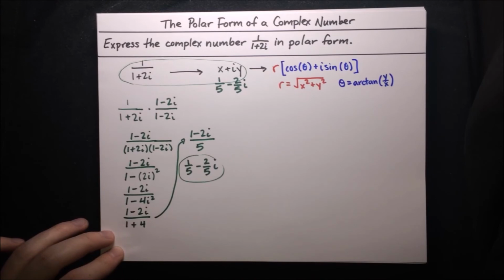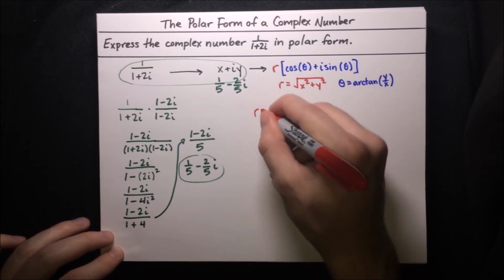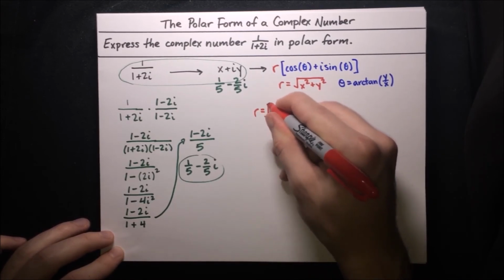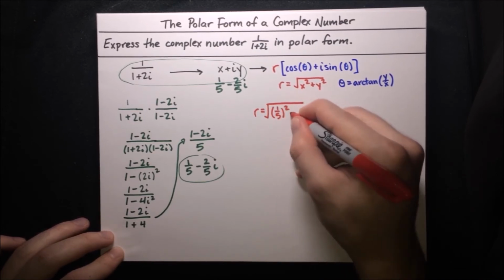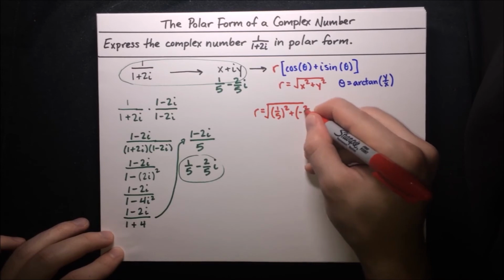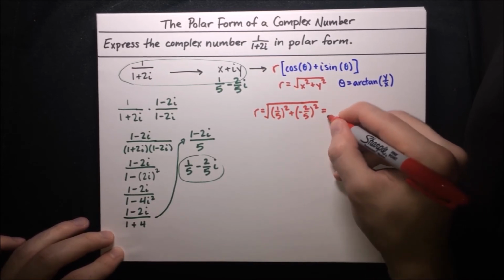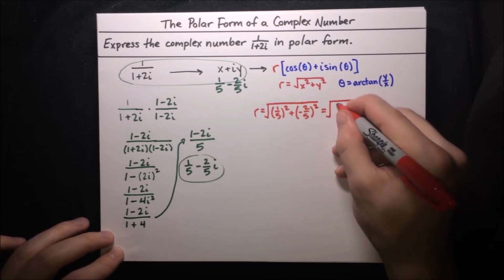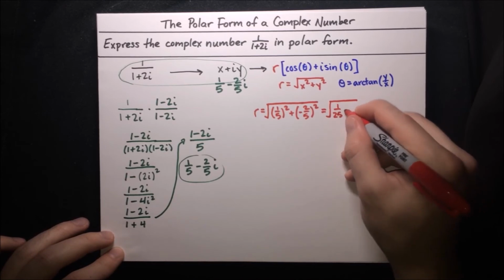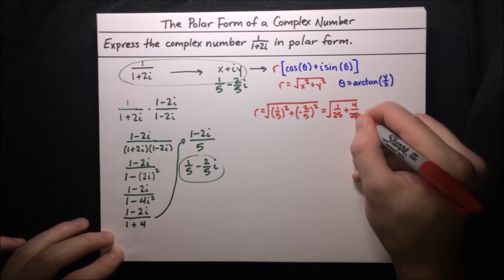And now we can go ahead and convert that to polar form now that we know what x and y are. So let's go ahead and compute r first. r equals square root of x squared plus y squared. So r is square root of 1/5 squared plus negative 2/5 squared, which is equal to square root of 1/5 squared is just 1 over 25, and then 2/5 squared is just 4 over 25.